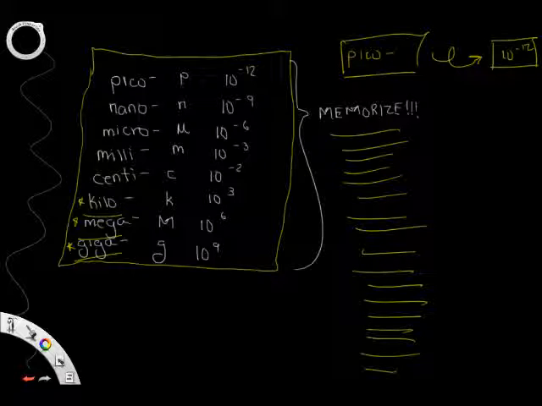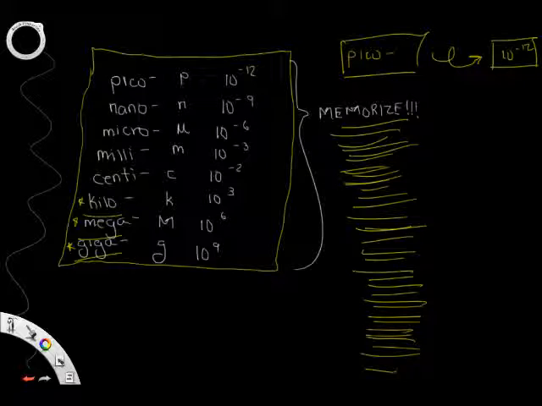So I highly recommend you do memorize these. Even if your professor or teacher provides them, you will definitely be in a situation where you won't be provided with them, and you really wish that you took the time to memorize them.